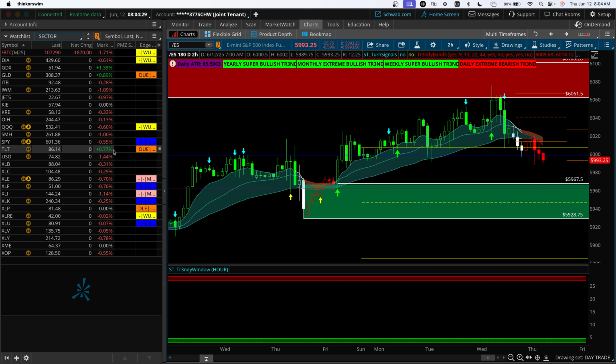And I can see by looking at this list of sectors that I pay attention to that gold and gold miners are doing well, which doesn't surprise me as the risk off environment when price is pulling back in the major names, especially the Mag 7s, oftentimes gold miners, and even bonds will be outperforming.